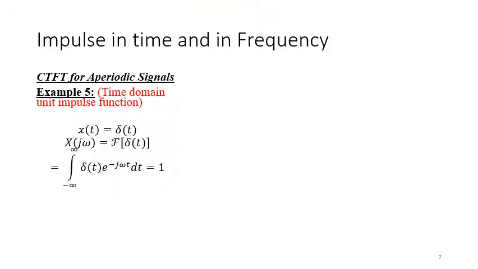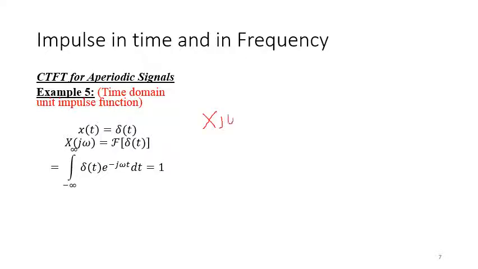So let's consider another signal, that is impulse. So we have impulse in time domain. So what will be its Fourier transform, right? So you understand that the Fourier transform is basically equal to x of j omega.